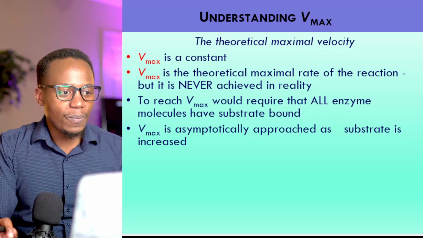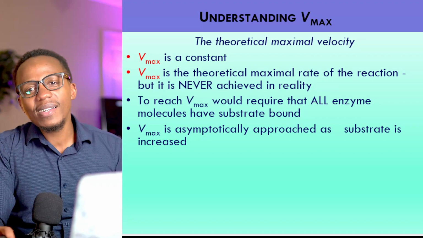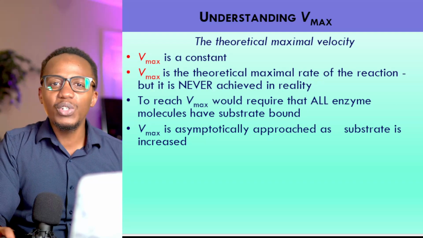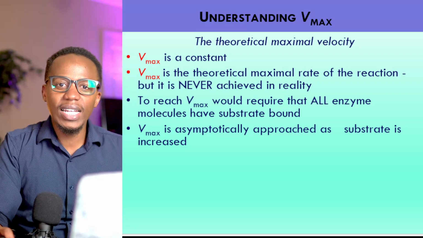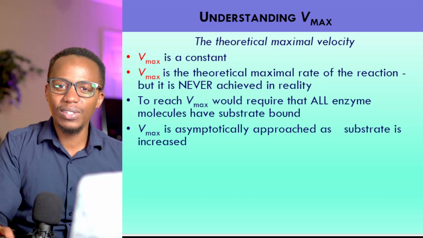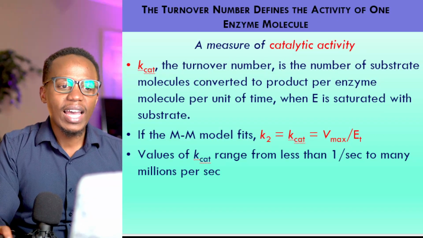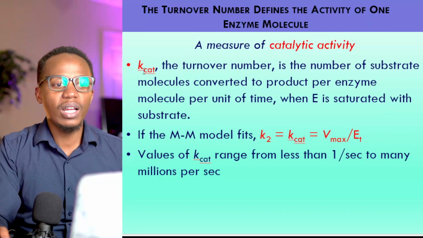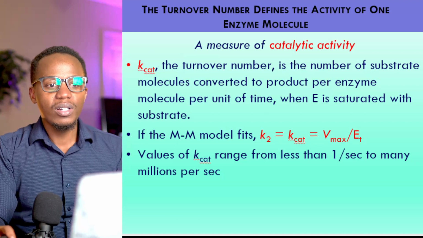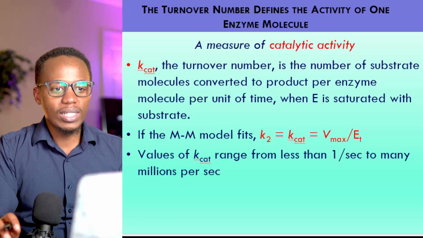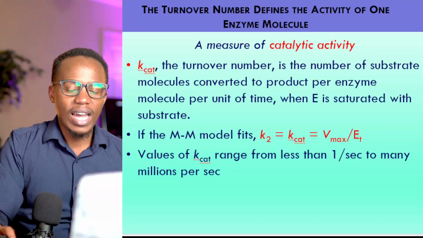All right, so a few other terms that you will see in enzyme kinetics related to Michaelis-Menten: Kcat. Kcat is the turnover number, or just catalytic activity. And it's very important.